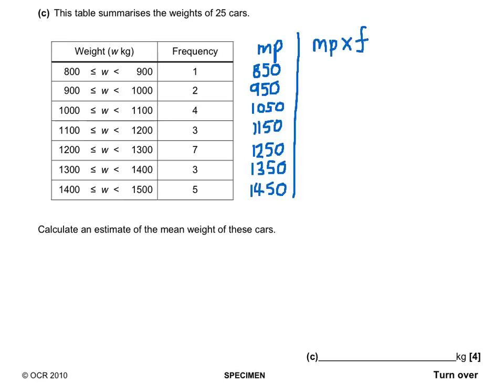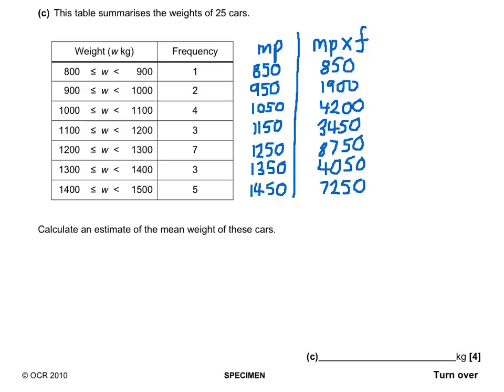So 850 times 1 is 850. 950 times 2 is 1900. 1050 times 4 is 4200. 1150 times 3, 3450. 1250 times 7 is 8750. 1350 times 3 gives us 4050. And finally, 1450 times 5 is 7250.